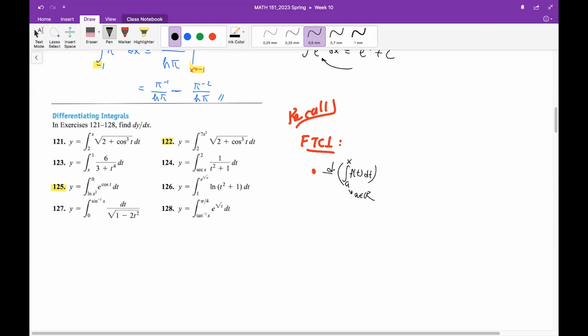Then I will take the derivative of the result of this integral with respect to x, okay? Be careful. The result of this integral depends on x, right? After taking the integral, your function depends on t.